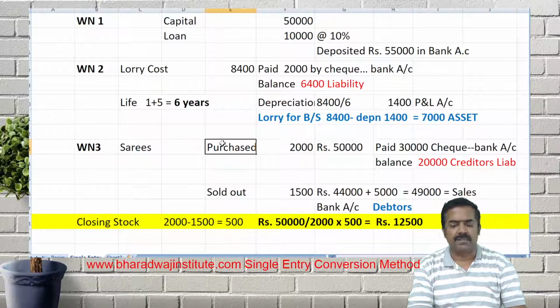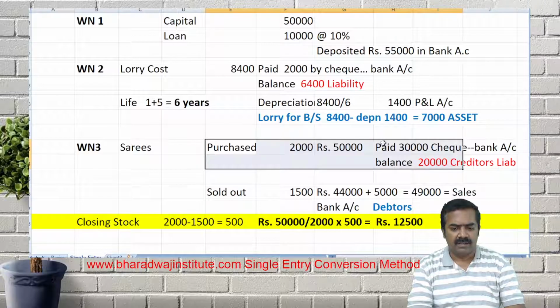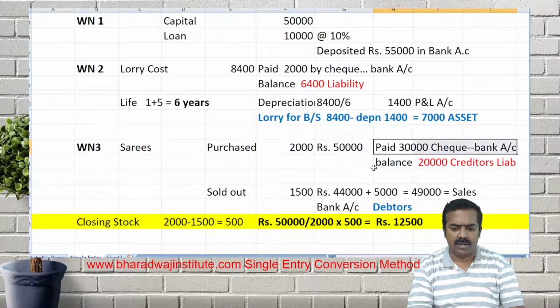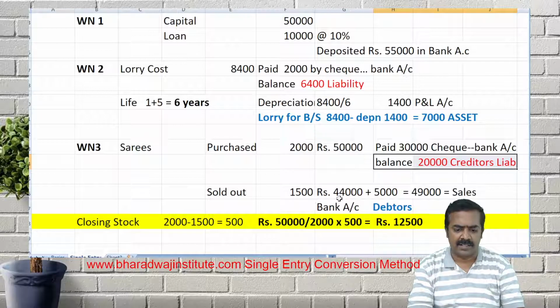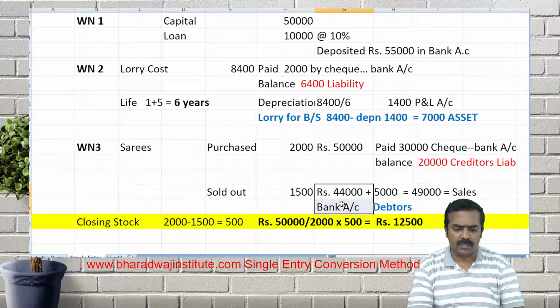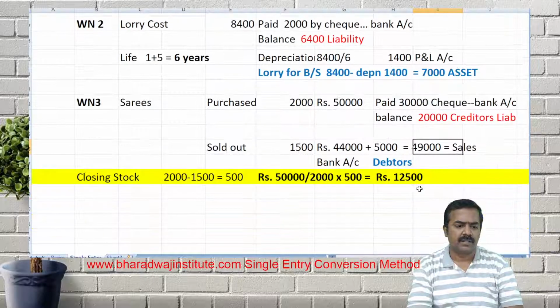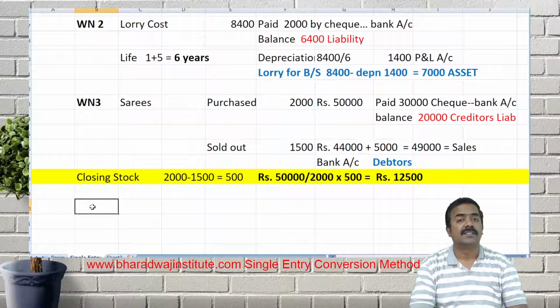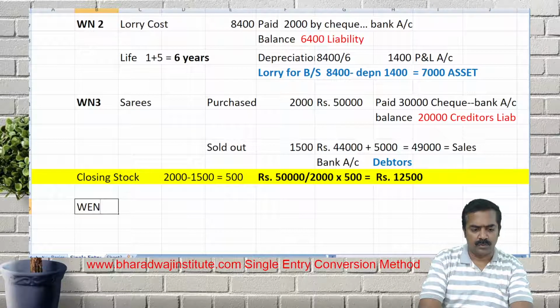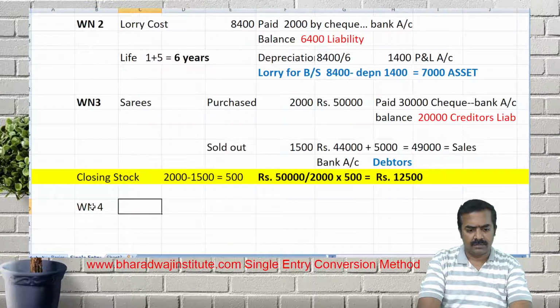So the purchases go in the trading account, and sales will come in, of course, the trading account. Whatever is paid through cheque goes to bank account, and the unpaid amount will come on the liability side. This 44,000 will be in bank account. The uncollected balance of 5,000 from debtors will appear as an asset. This is for sarees. Next, working note 4. T-shirts.